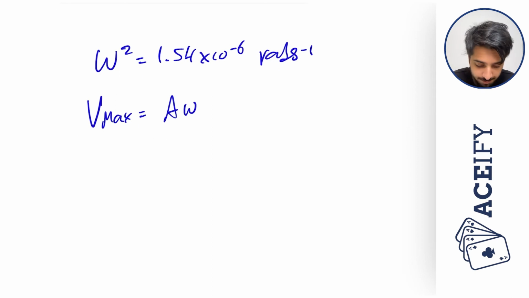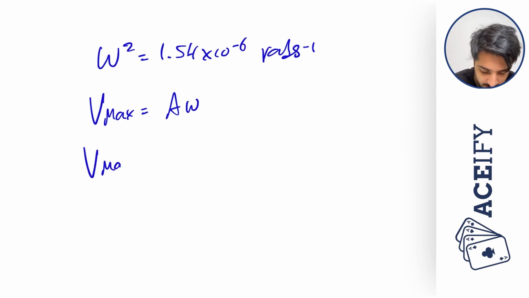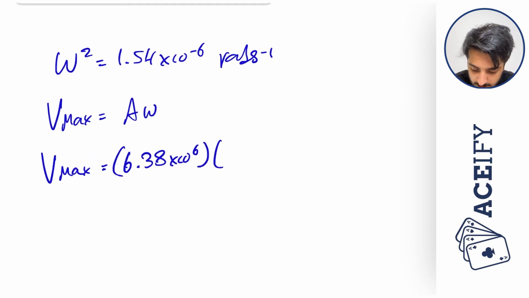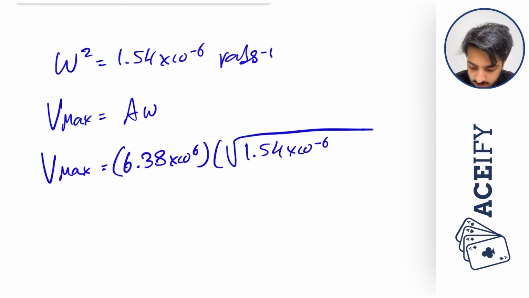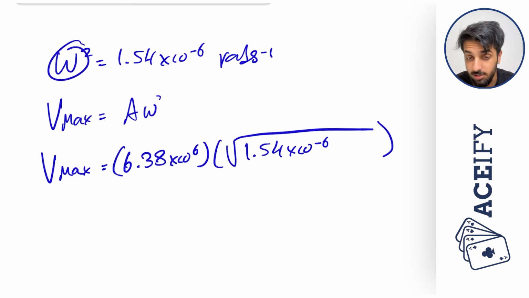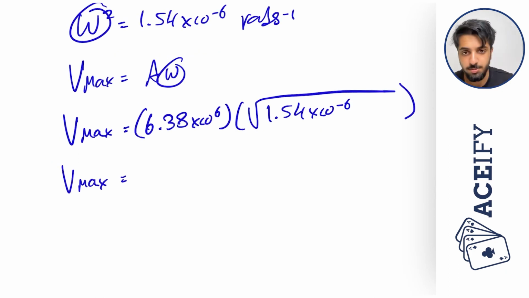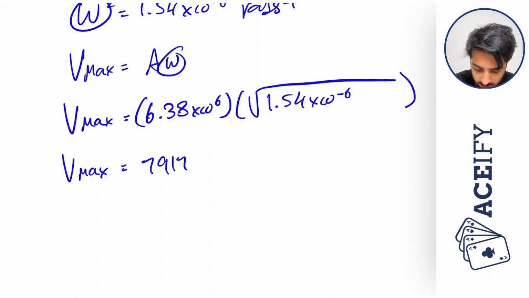And so therefore, Vmax is equal to 6.38 times 10 to the 6 multiplied by the square root of 1.54 times 10 to the negative 6. Again, we square root because this is squared and we just want the regular version, not the squared version. So we square root. And so Vmax is equal to 7917 meters per second. There we go.